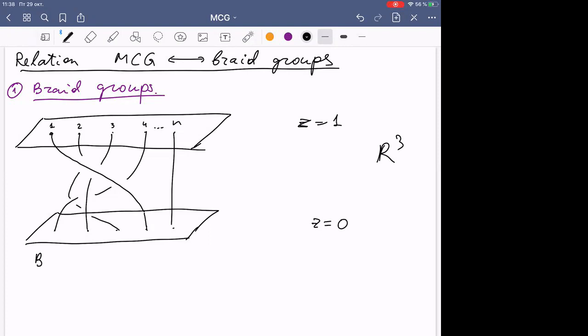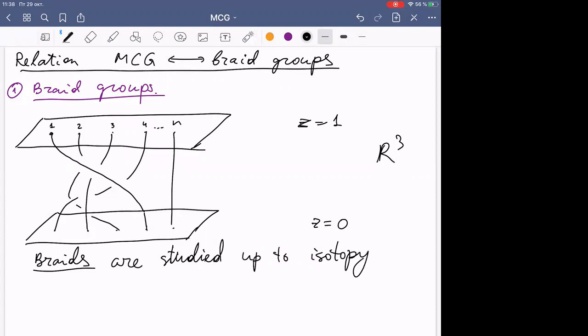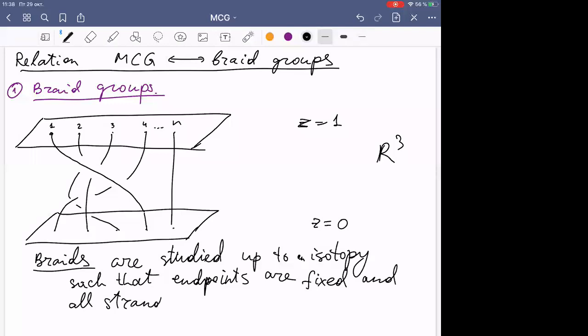Braids are studied up to an isotopy in the class of braids, so up to an isotopy such that endpoints are fixed, and all strands remain descending throughout the isotopy.